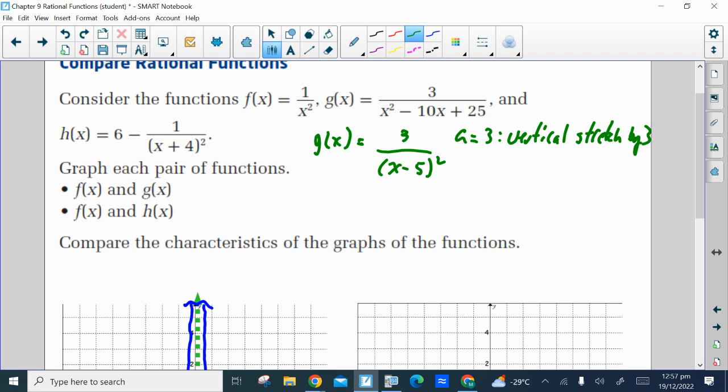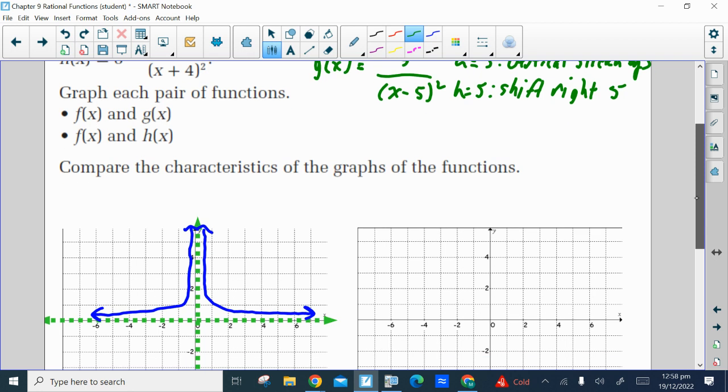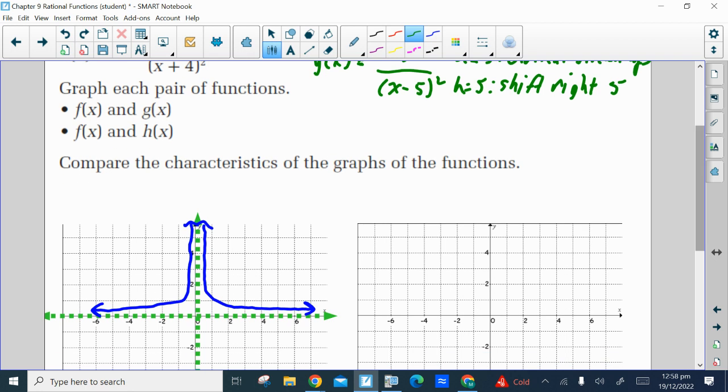But then on the bottom, and again we're comparing to 1 over x squared, x is replaced with x minus 5. So this tells us we have an h value of 5. The graph will shift 5 to the right. So that's going to shift the vertical asymptote 5 units to the right.